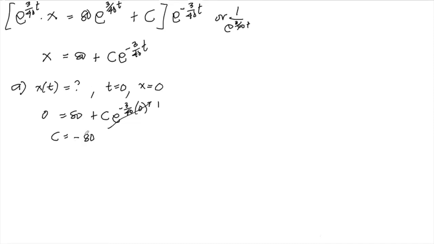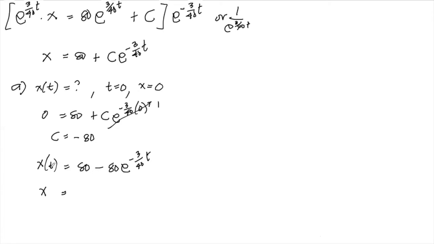You plug in the value of this constant to the general solution. That's why we have x as a function of t equal to 80 minus 80 times e raised to negative 3 over 40 times t. Or you can factor out 80. So x, pwede lang ilagay mo x dito.